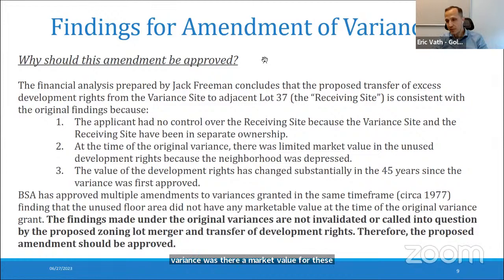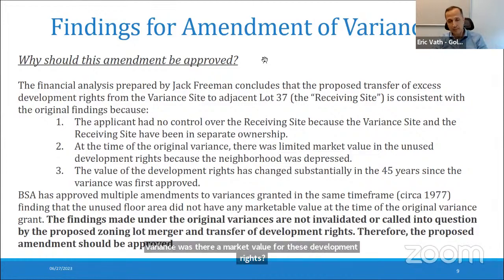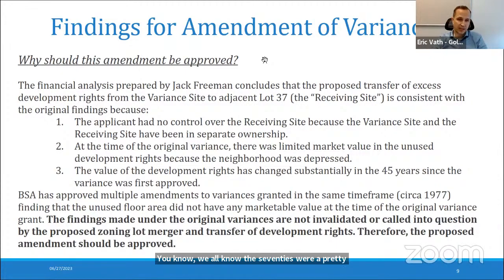Second question, at the time of the original variance, was there a market value for these development rights? We all know the 70s were a pretty difficult time in New York City. This specific area, along with a large part of Manhattan, was in a pretty depressed economic shape. So there wasn't a market for these development rights at that time.